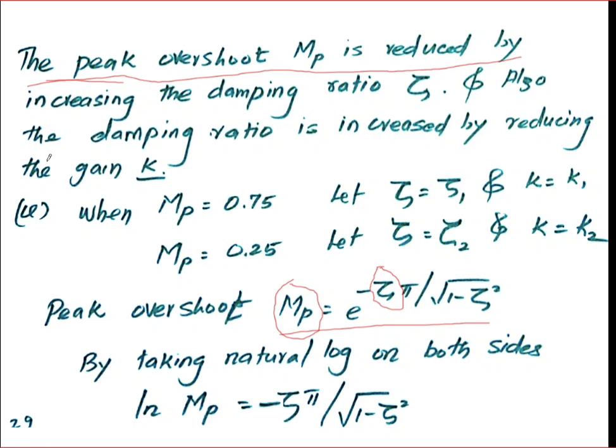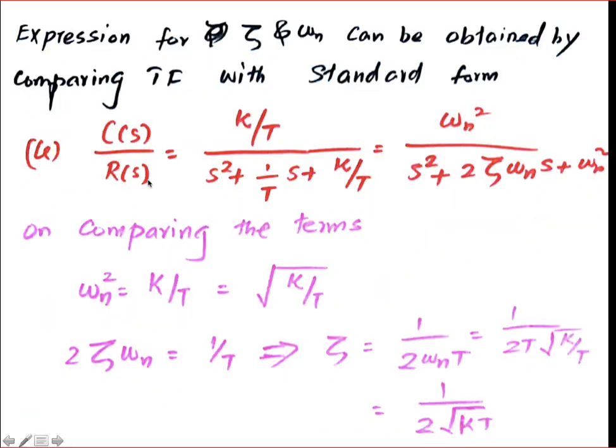At the same time, the damping ratio is increased by reducing the gain, because we have a relationship between damping ratio and gain k in the previous slide. So zeta is inversely proportional to gain. Zeta is equal to 1 by 2 square root of kT.